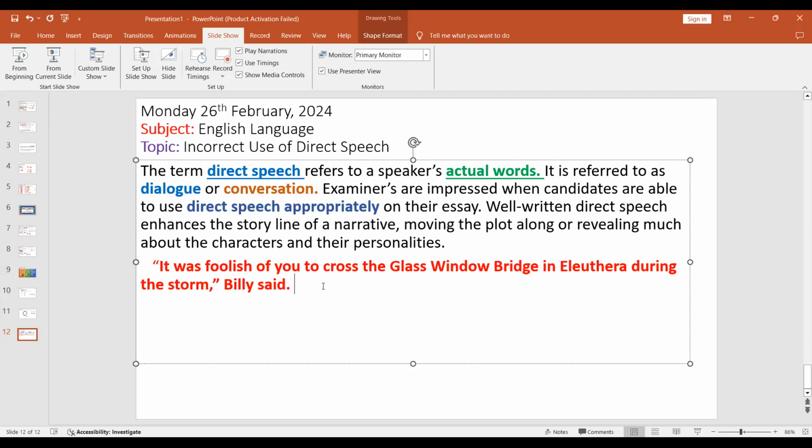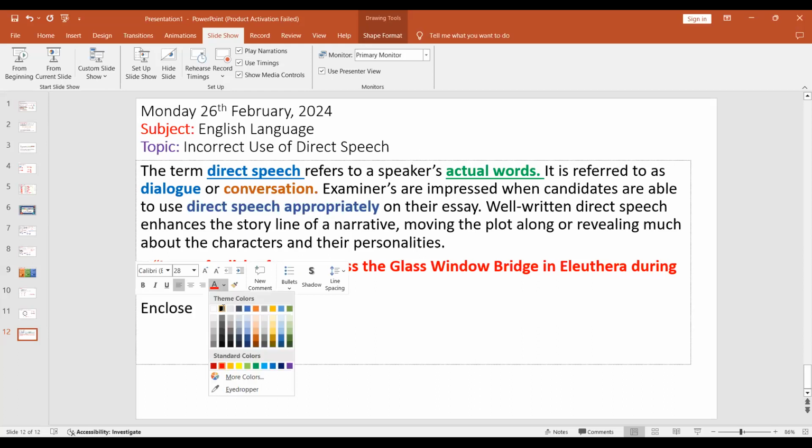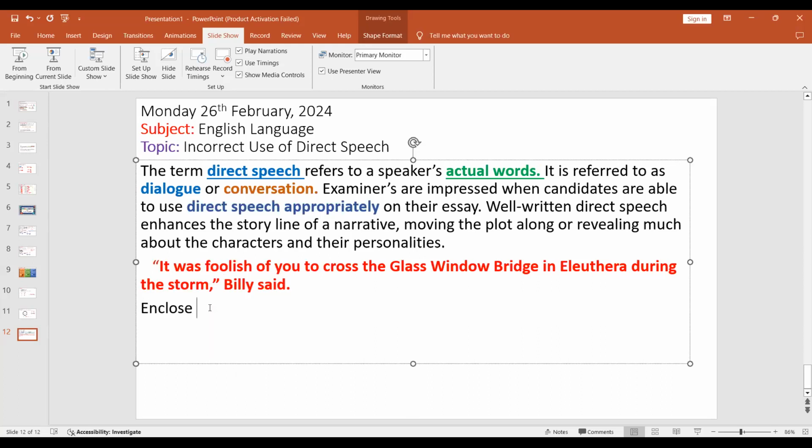So let's write what we have. Write this down. Enclose the actual words spoken in quotation marks.